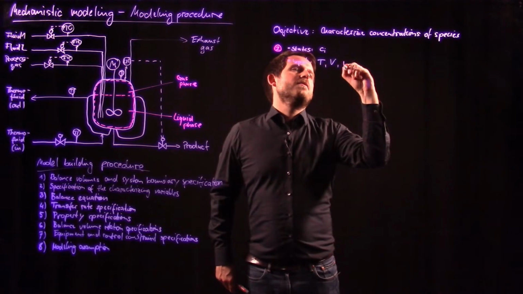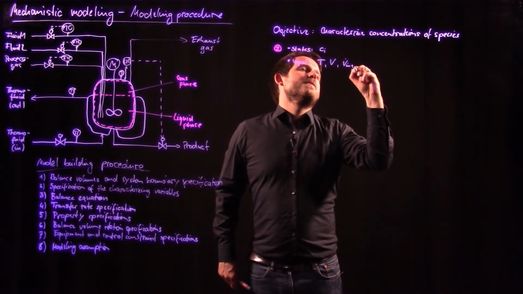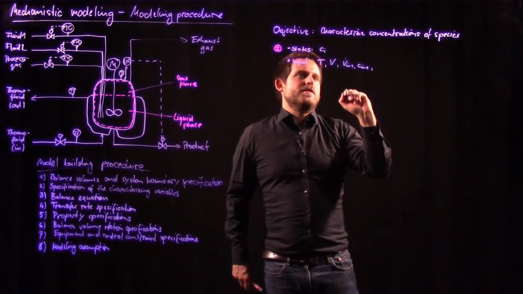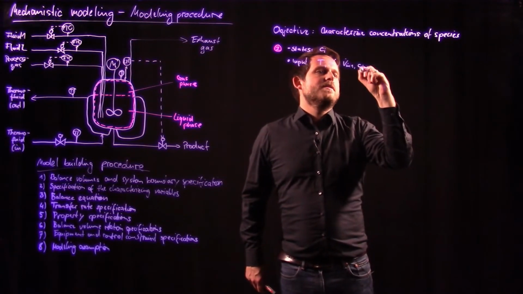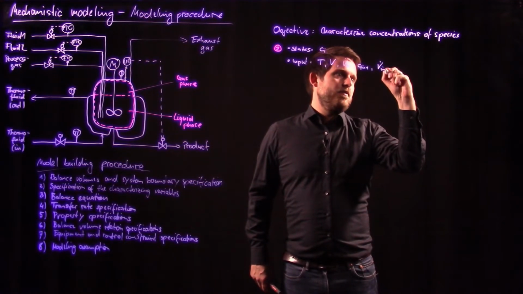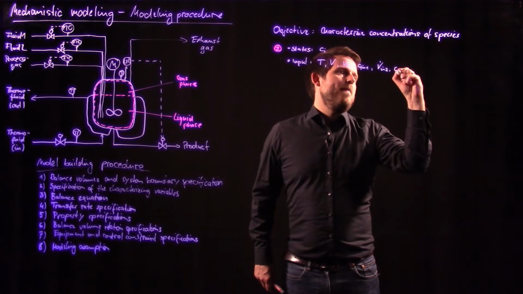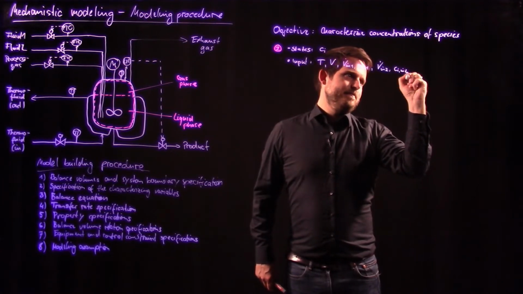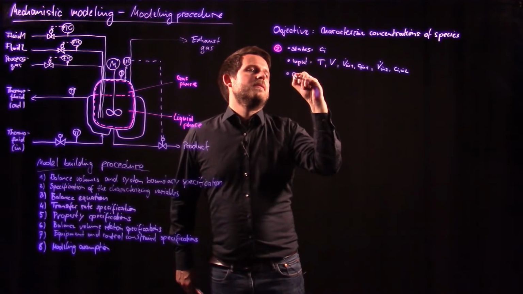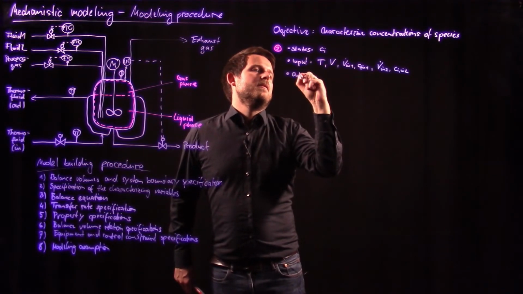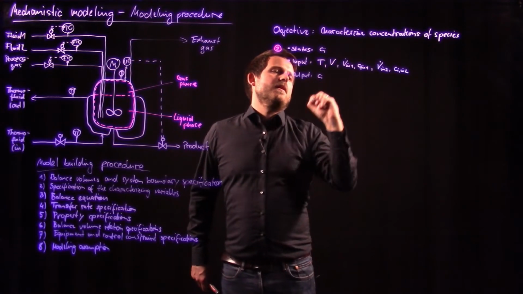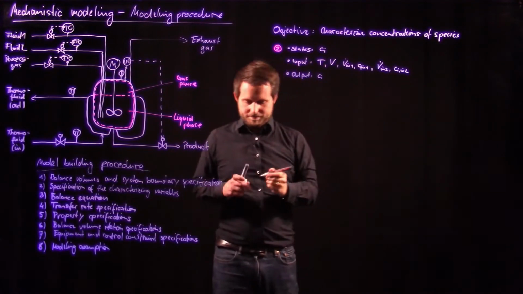And then we have also our input streams, with also the concentrations of the different species in this input stream, and this is for both of them. And as an output, we might be interested in Ci actually directly.